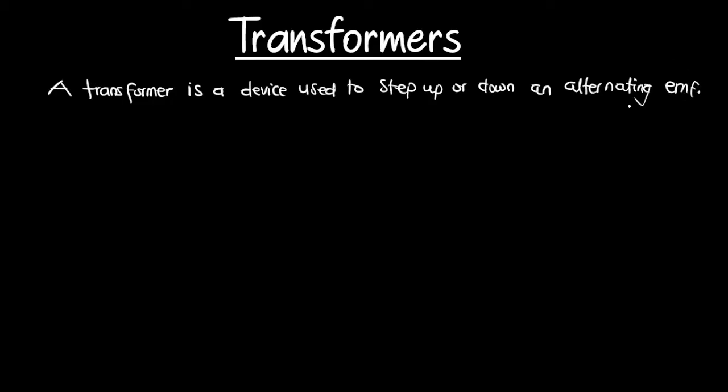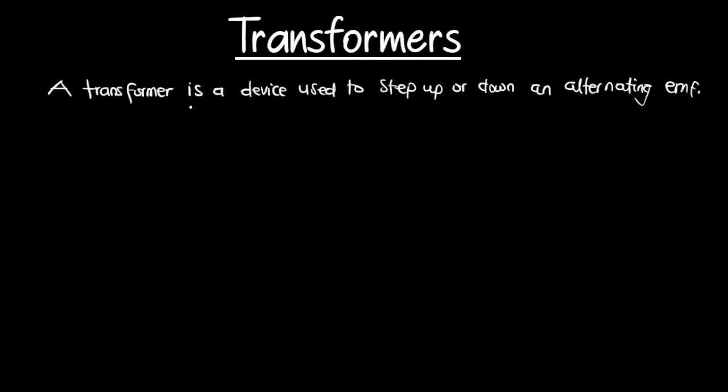Okay, an alternating electromotive force, or basically an alternating voltage, right? So this is what a transformer is. It is used to either step up or step down an alternating EMF, right? That's basically what a transformer is.